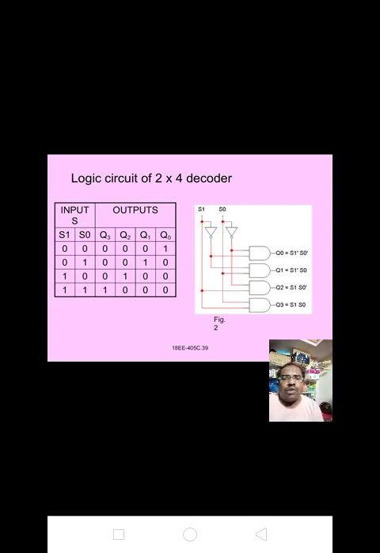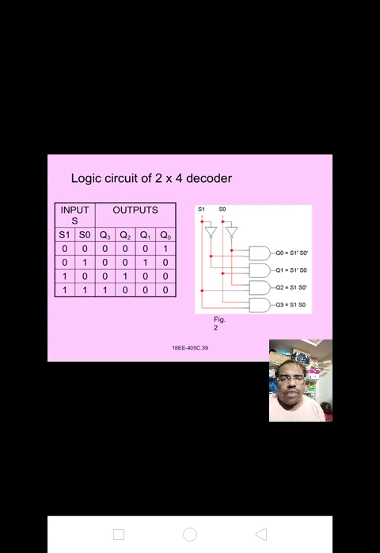Next, for input 0 1 we get the value for Q1 equal to 1, and Q3 equal to Q2 equal to Q0 equal to 0. For 1 0, Q2 equal to 1 and Q3, Q1, Q0 equal to 0.